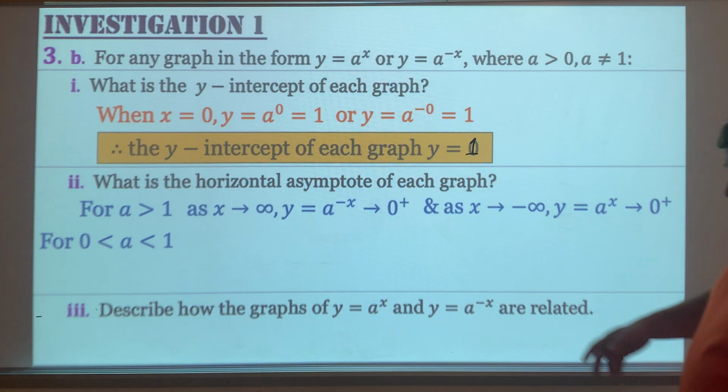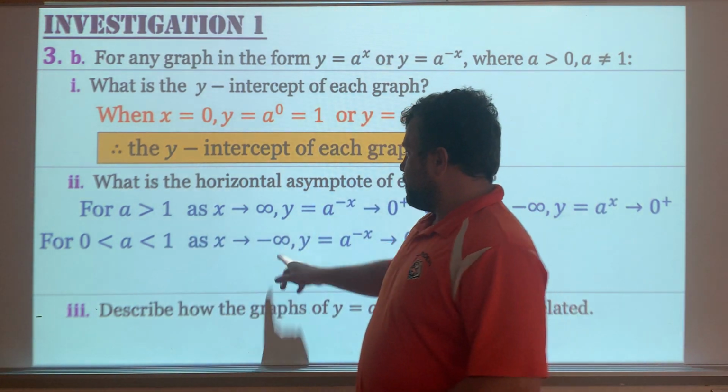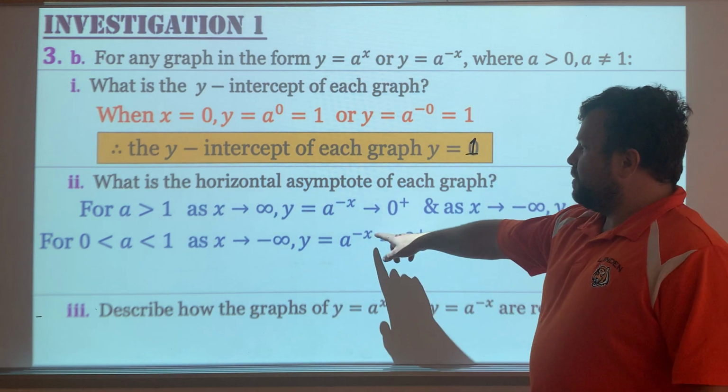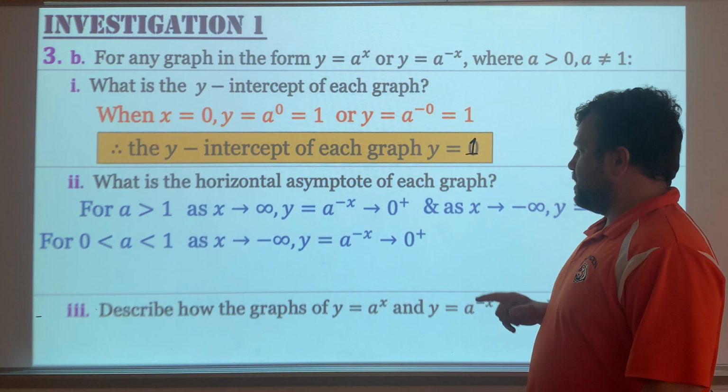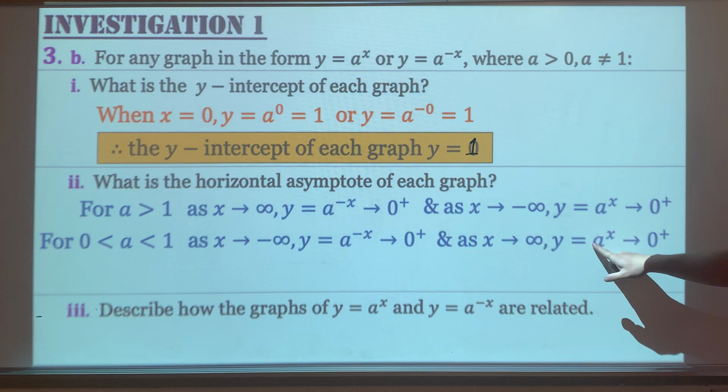When we have a fraction, like we did with the thirds, as x approaches negative infinity, a to the negative x is approaching 0 from the top. As x approaches positive infinity, when y is a to the x, it is also approaching from the top.